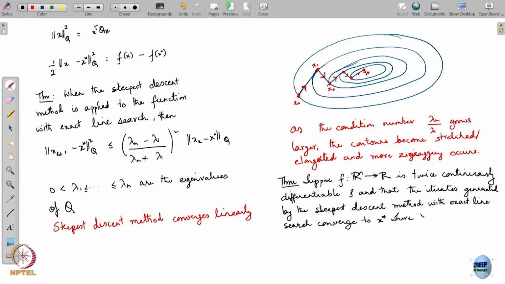where, if I look at the Hessian of f at x star, this Hessian is positive definite.